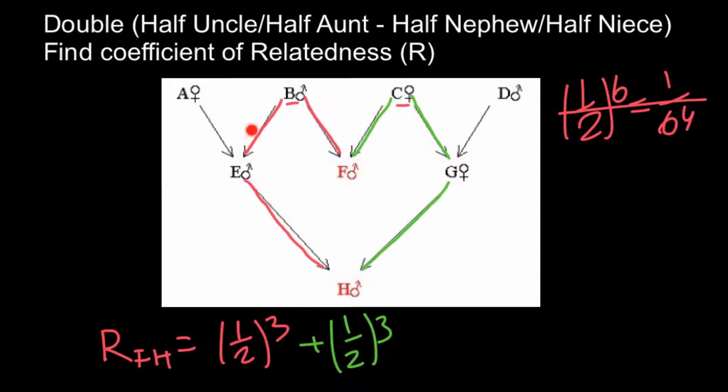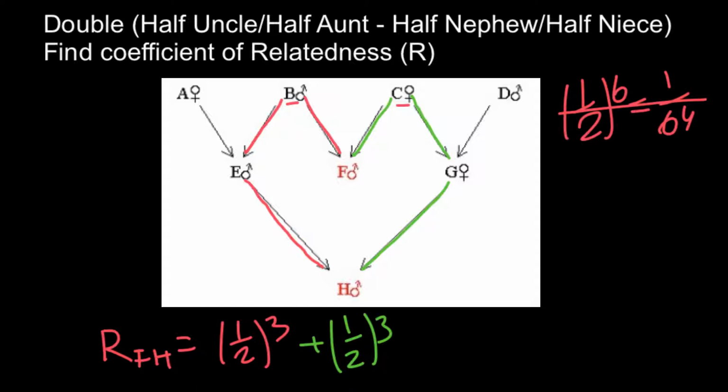So we cannot just multiply all the passes, and individual F and H only can get their common genetic makeup from these two ancestors. So that's why we use multiplication rule here, and also rule of addition or sum rule.